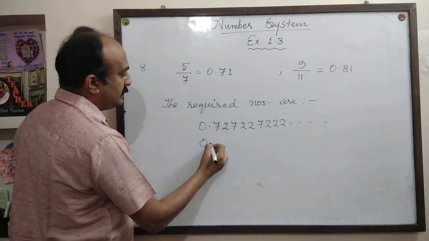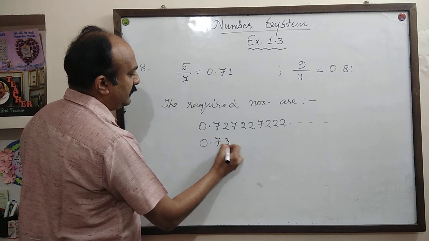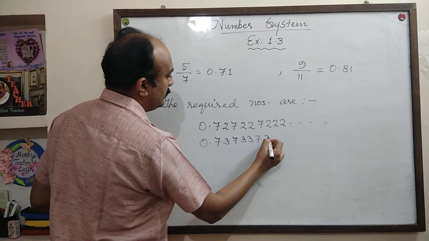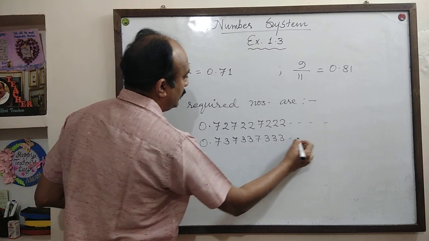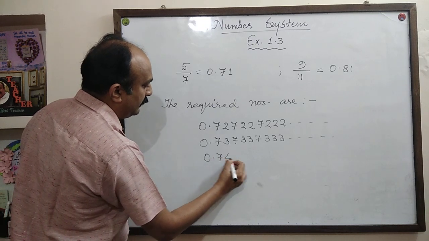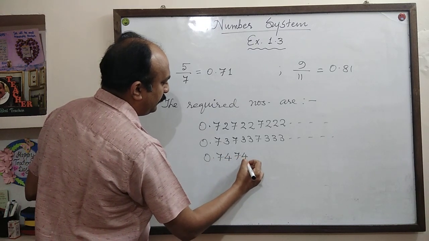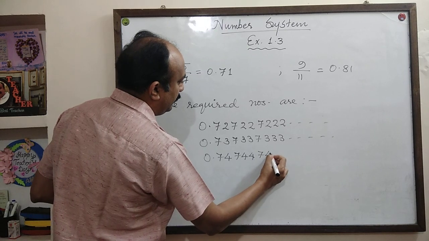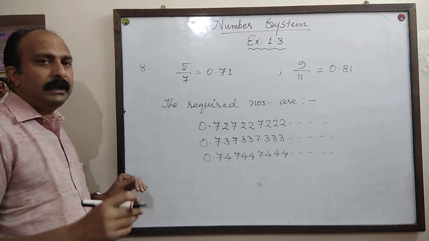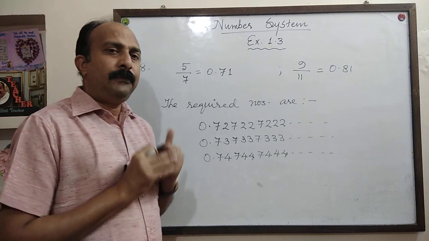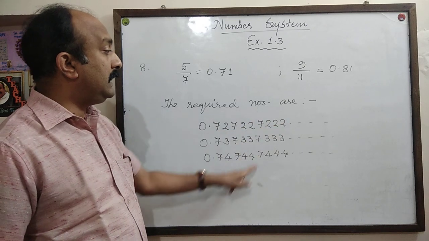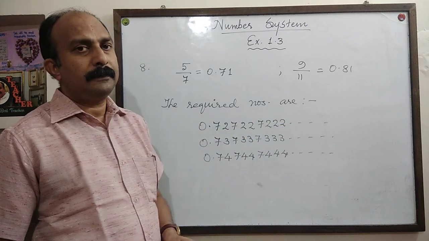I am starting the next number with 0.73, 0.733, 0.7333 dash dash dash. Another one we can start with 0.74, 0.744, 0.7444 dash dash. In this way, you can write infinite decimal numbers which are non-terminating but non-recurring.